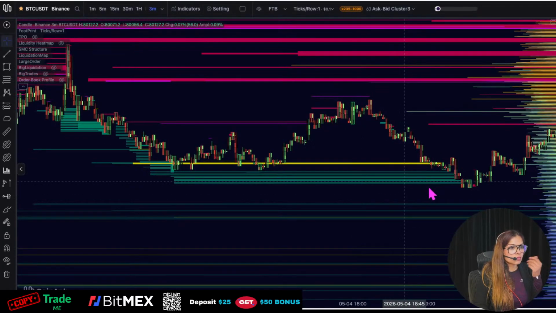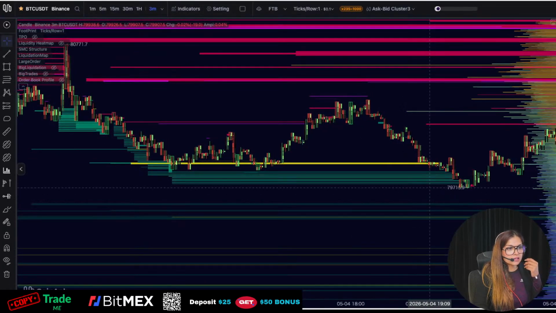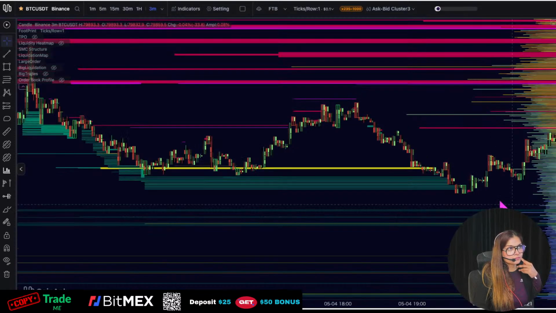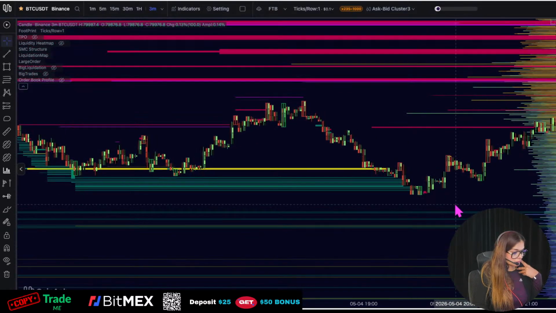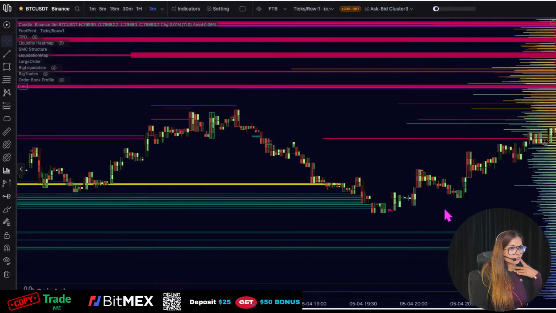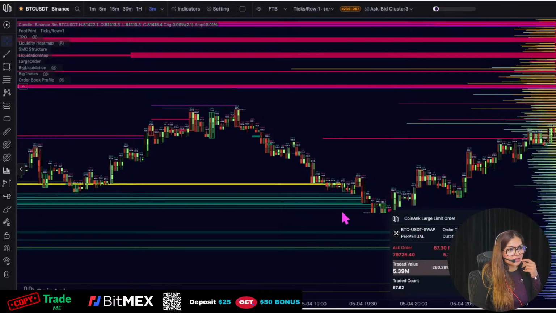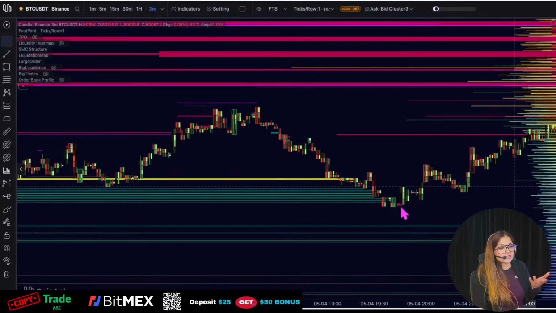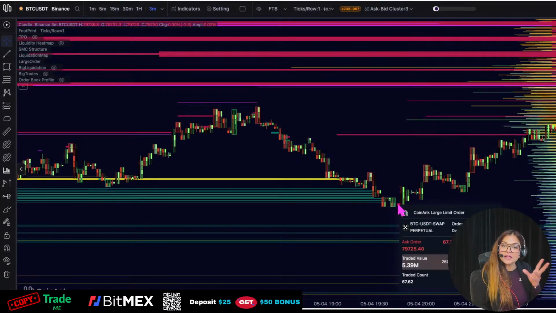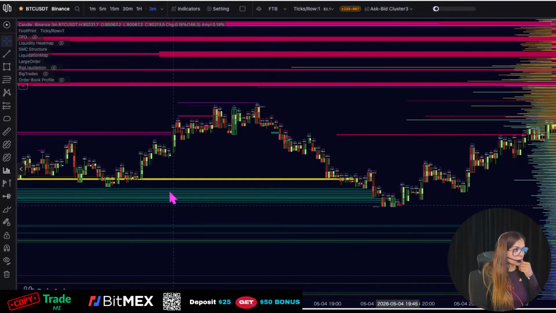What happened after that was that here we got an order block from all of that. Let's see here. OKX came in and they sold, but forget about OKX. That's an insignificant amount compared to what Binance was doing over here.